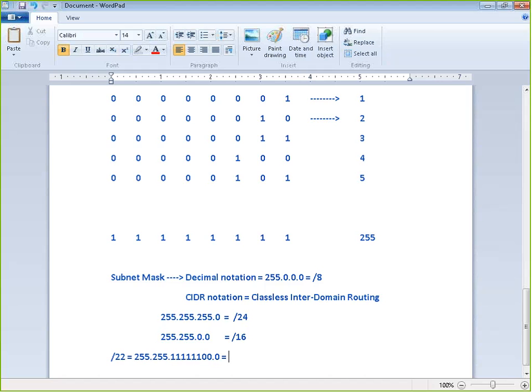So effectively it's going to be 255.255. Now if you look at the binary value for this one, it's going to be 252, and then 0. That is how it's going to be. Do you understand? Do you guys have any questions on this? I'll take one more example, and then you'll understand it better.